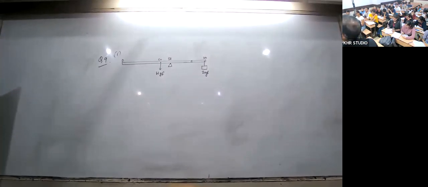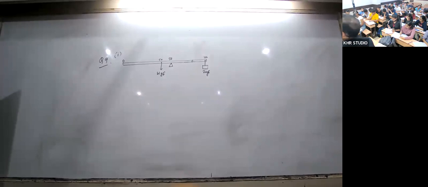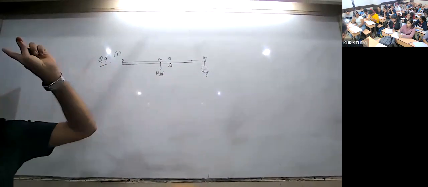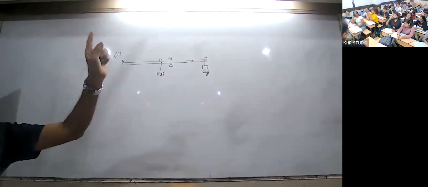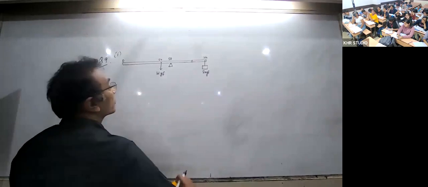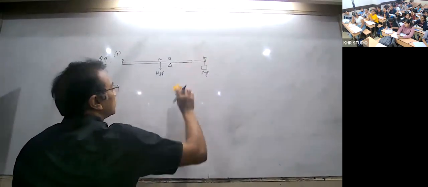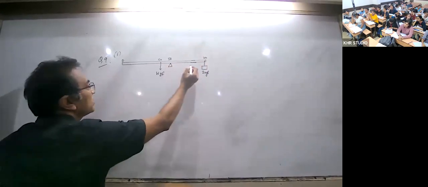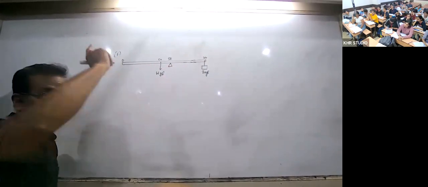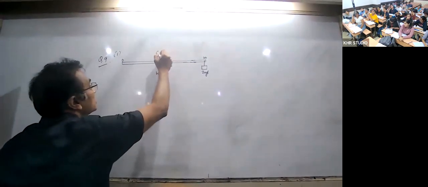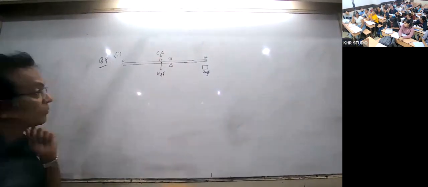Is everybody with me? Because the entire weight of the scale will be at its midpoint. What is the midpoint? The CG of the scale, center of gravity. So everybody understood why W at 50? Because of the concept of CG. CG of the scale is at 50.